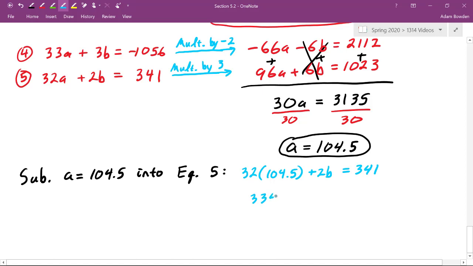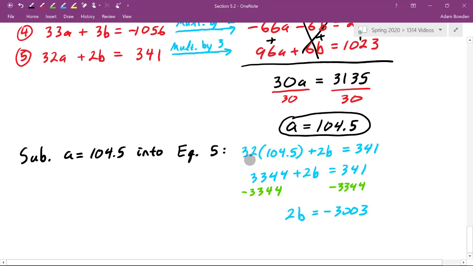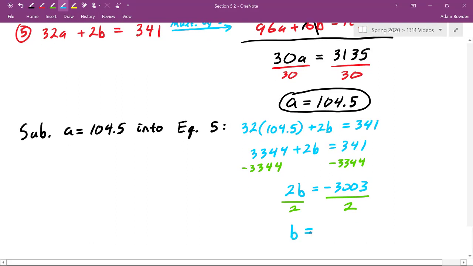So this would be 3344 plus 2b equals 341. I need to subtract that number over, and so 2b is equal to negative 3,003. We'll need to divide by 2, so b is going to equal negative 1,501.5.